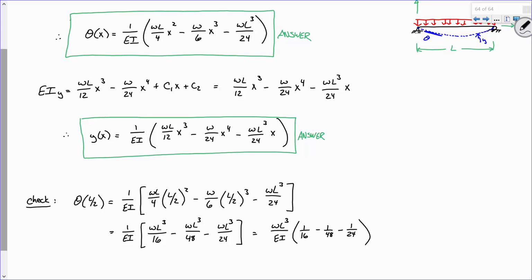Making you break out the Casios and whatnot. Oh, break out the Casios. Remember, common denominator, 1 over 48. If I do this over 48, that's 2. And if I do this over 48, that's 3. 16 times 3 is 48.